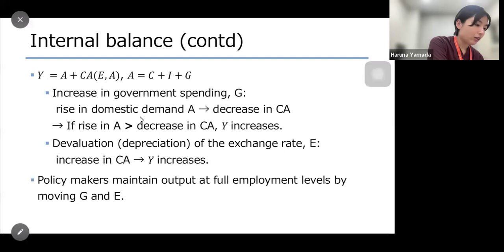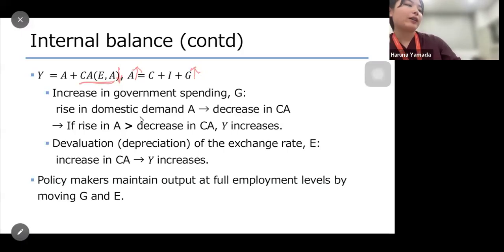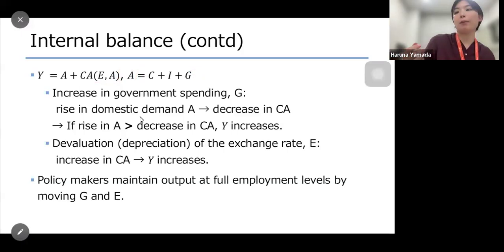So when G increases, domestic demand or absorption increases, but the current account decreases when A increases. So recall the absorption approach in the current account. Current account can be defined as national income minus absorption.